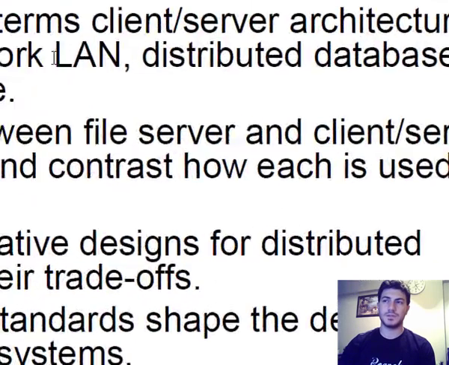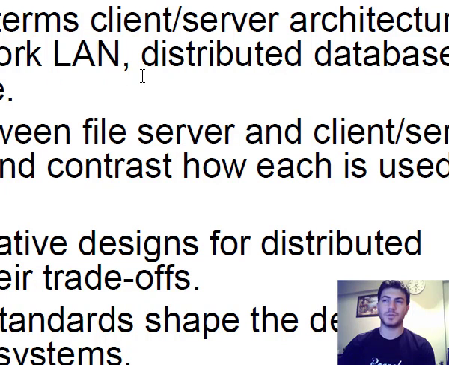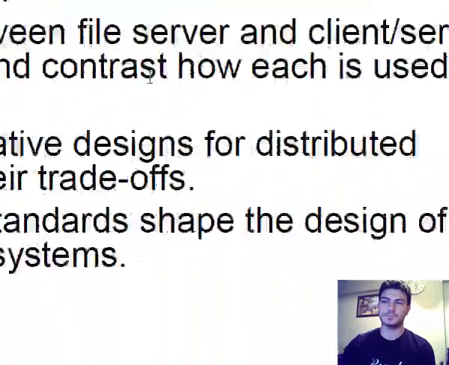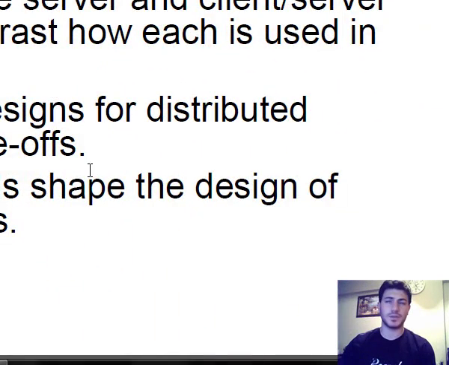You have probably seen LAN thousands of times, but its formal name is local area network. Distinguish between file server and client environments and contrast how each is used in a LAN.